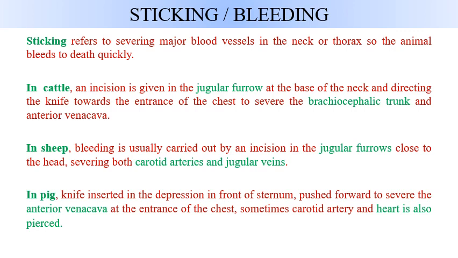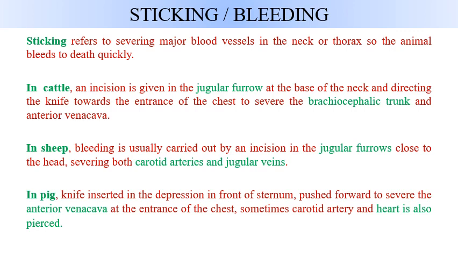In case of cattle, an incision is given in the jugular furrow at the base of the neck and directing the knife towards the entrance of the chest to sever the brachiocephalic trunk and anterior vena cava. So in case of cattle, mainly at the jugular furrow, there is a cut for the jugular vein and carotid arteries, and sometimes the knife is inserted to cut the brachiocephalic trunk and anterior vena cava.